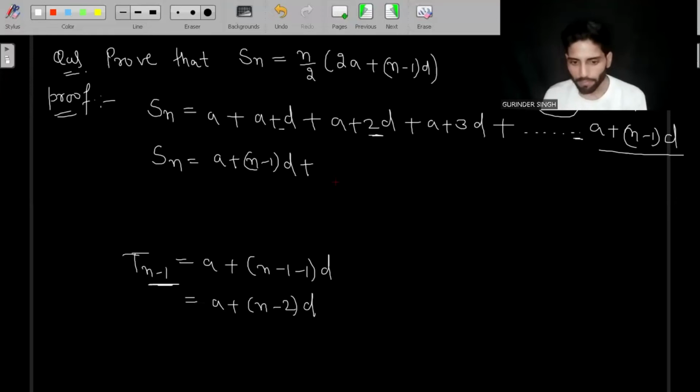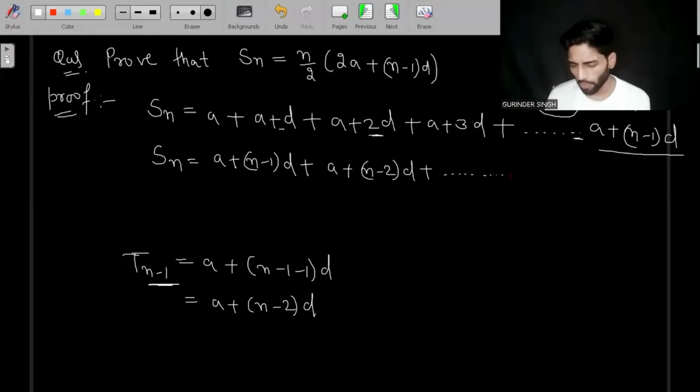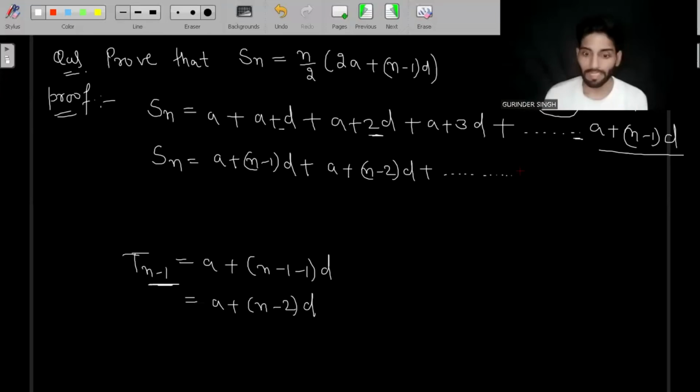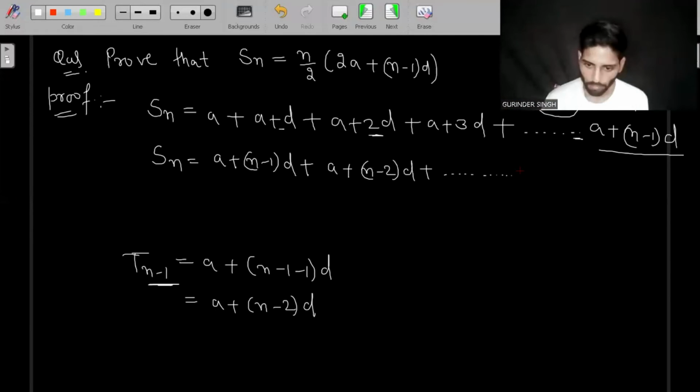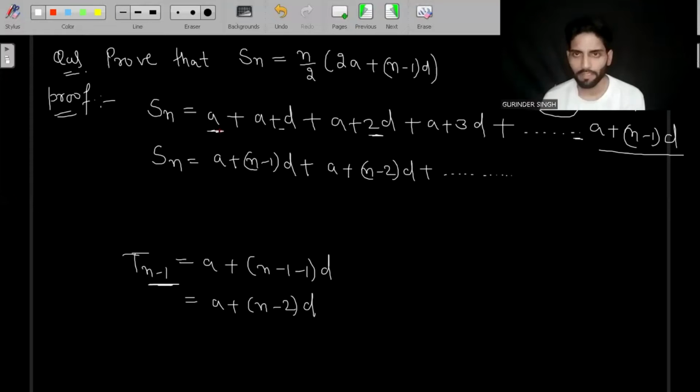I'm flipping the numbers, so I have to write it in the second place. The last one becomes the first one and the second last becomes the second one. It goes for all the numbers. So it will be a plus n minus 2 into d, and so on I'm going. What will be the last number? The last number will be the first number of the Sn. The first number is a. I hope it is clear, right?